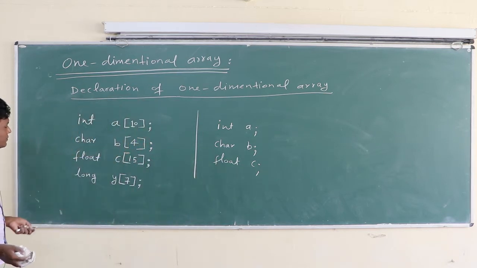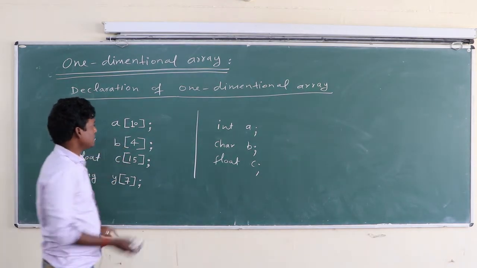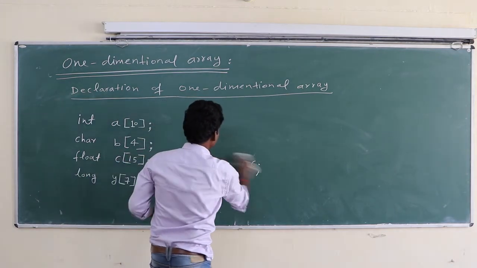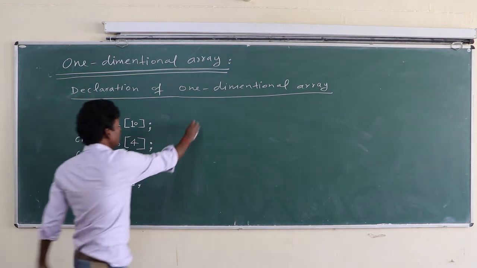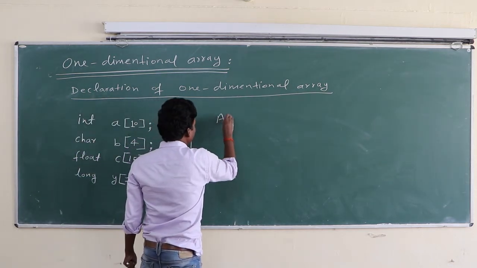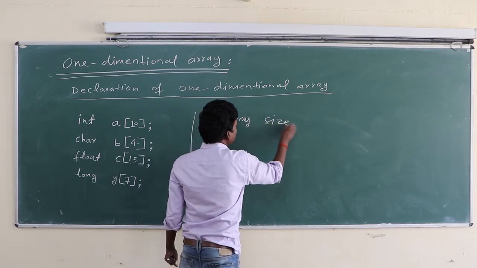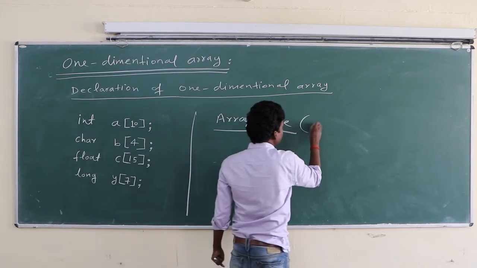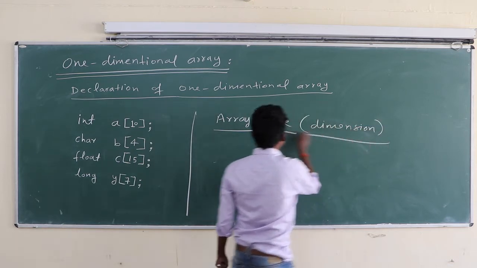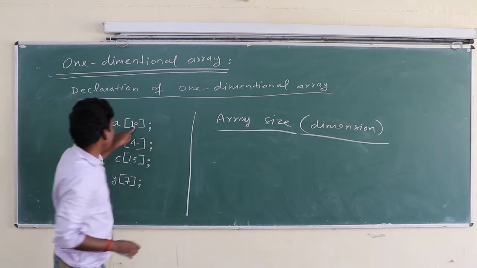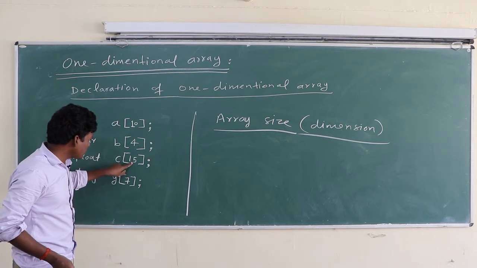This is the array size, which you can also call the dimension.